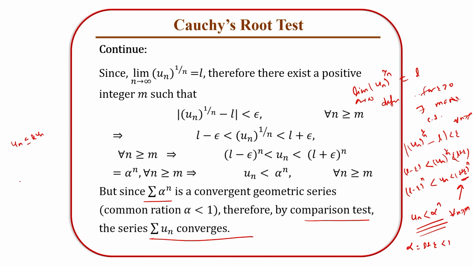Since un is less than or equal to k times vn, the series un converges if the series vn converges. The series vn is alpha^n here, and this is a geometric series, which converges when alpha is less than 1. That is why vn is converging and leads to un converging.